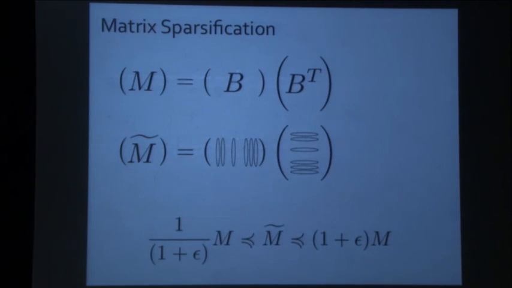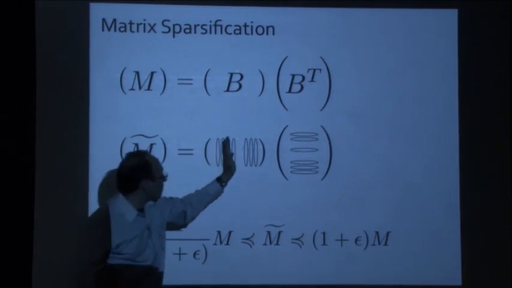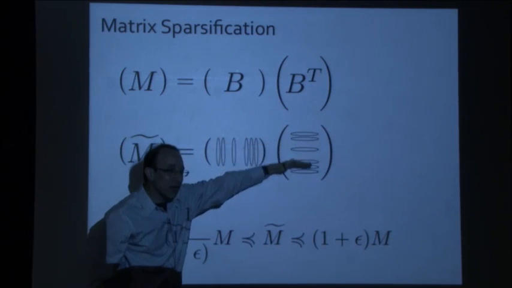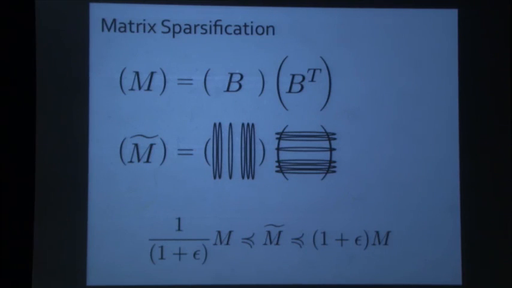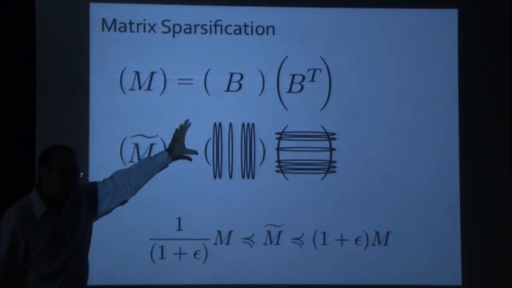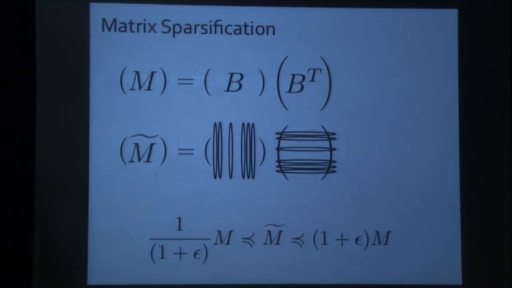We want to take a matrix M like that and approximate it by a matrix M tilde, where I subsample the columns. So I want to downsample B and get an epsilon approximation. As I told you before, in order to do this, I'm going to have to scale up the columns I do keep. So this would be a better picture: you take some of the columns and blow them up.